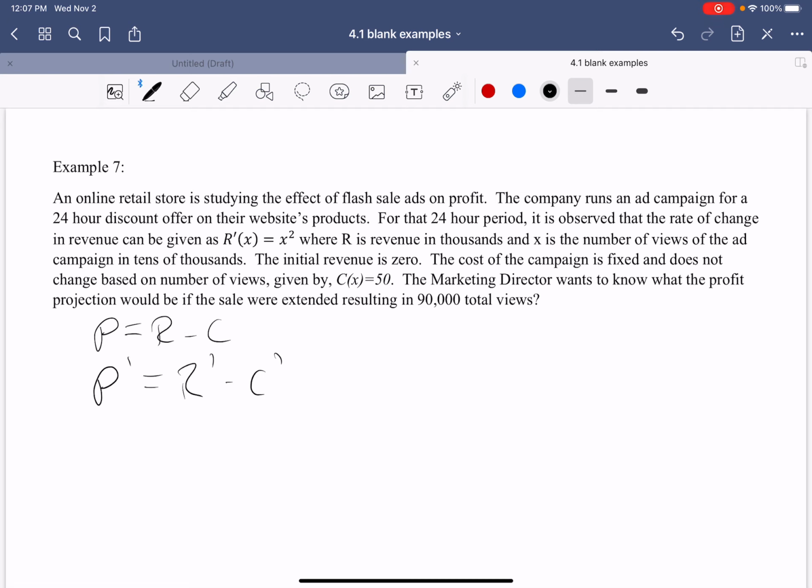Okay, so we're looking at an online retail store and they're doing a flash sale and studying their profit. And they're able to determine R prime is x squared. And then it says they have a fixed cost of 50.